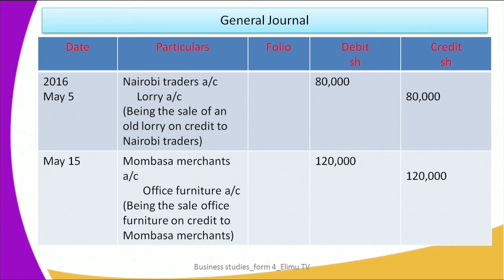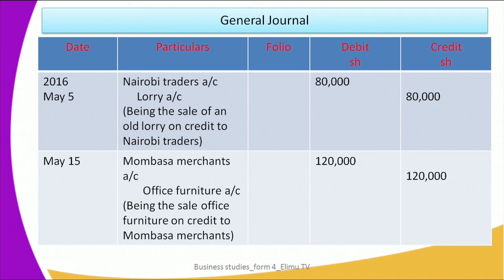Followed by a small description, being the sale of office furniture on credit to Mombasa merchants. So that is how we prepare the journal.